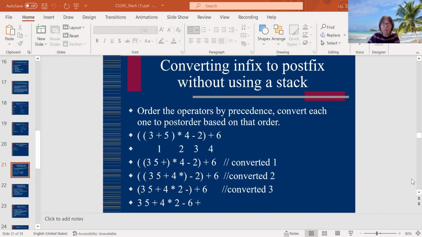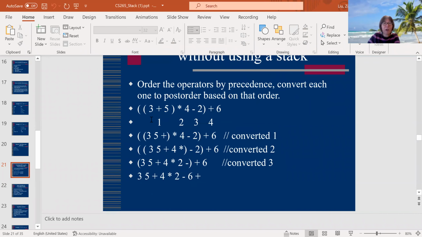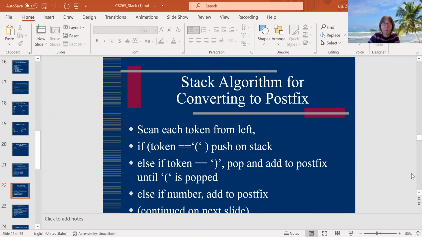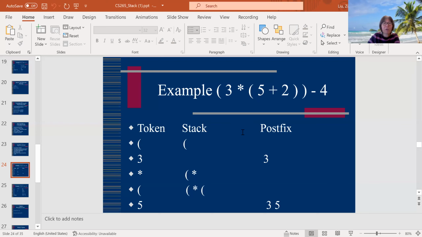So for a machine, if we want to do that, we need some algorithm. We need some algorithm. So we can go back to the example. Yes, here we have this example.